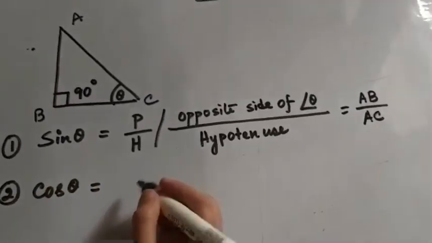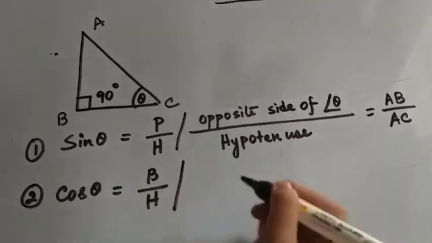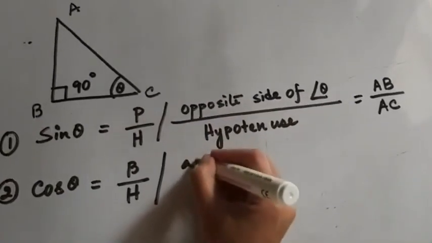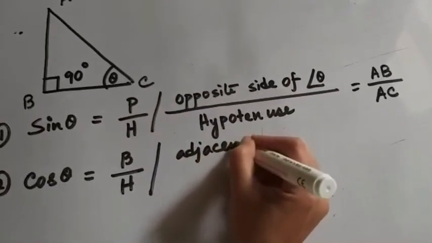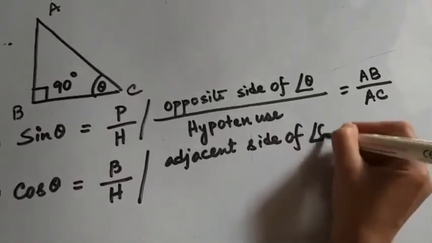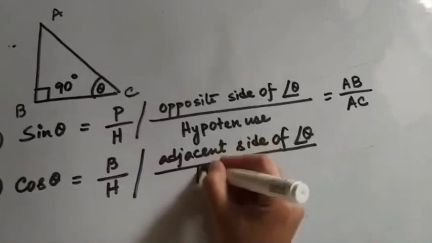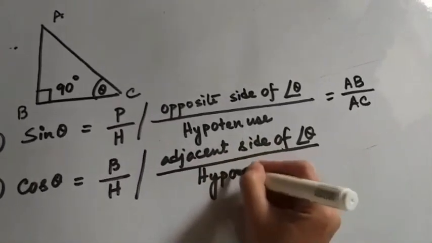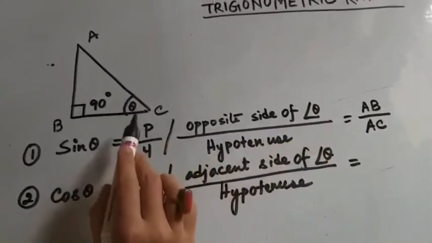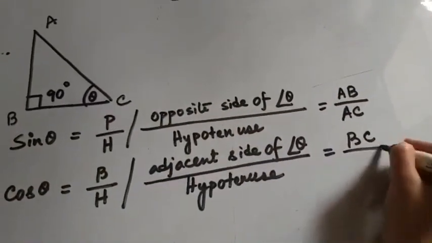Cos theta will be base by hypotenuse, or instead of base you can write adjacent side of angle theta divided by hypotenuse. The adjacent side of angle theta will be BC by AC.